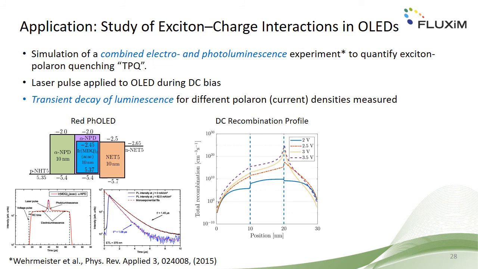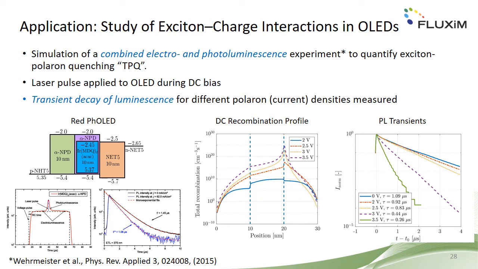In our hybrid model we get similar results. First of all, the DC distribution of recombination: the higher the applied bias, the more excitons are generated here due to recombination. And the PL transients that are calculated actually do show the same effects as in the experiments.